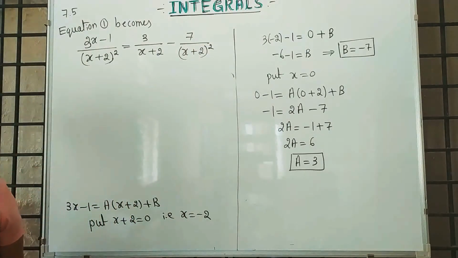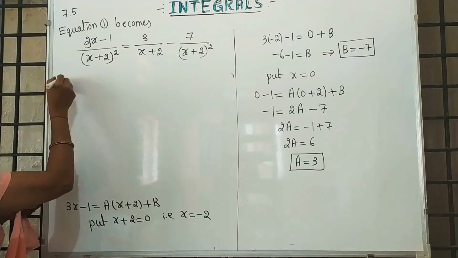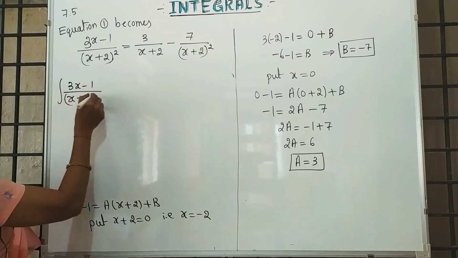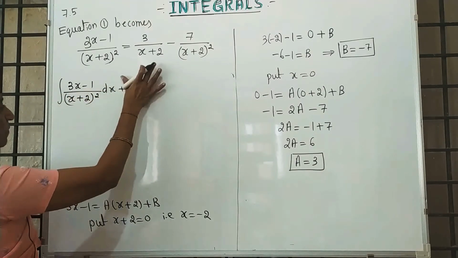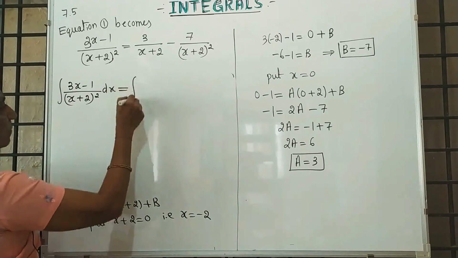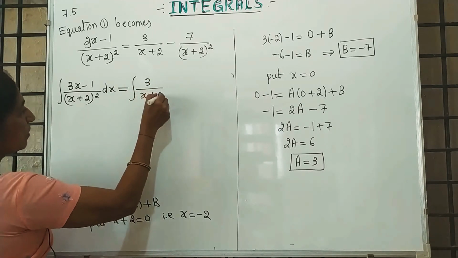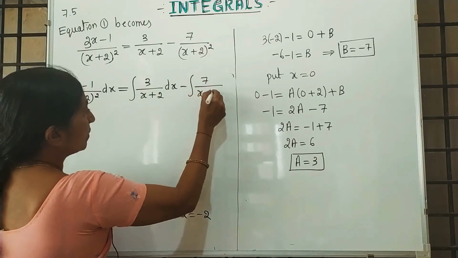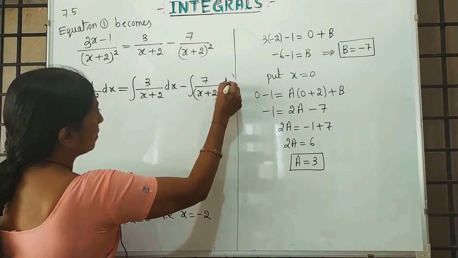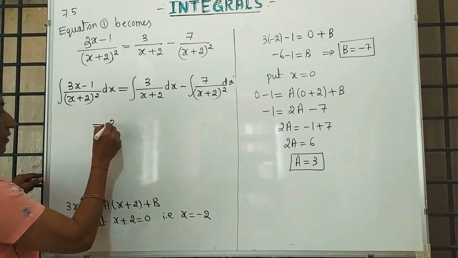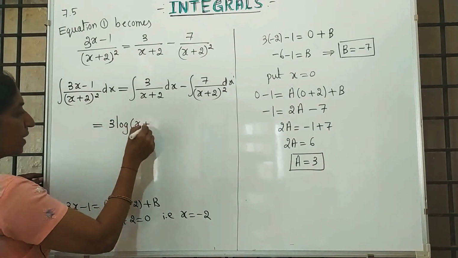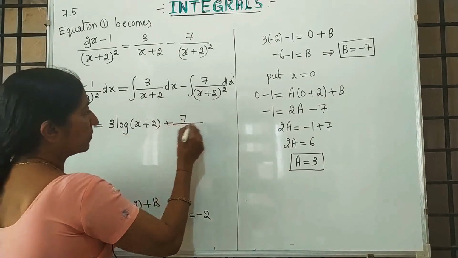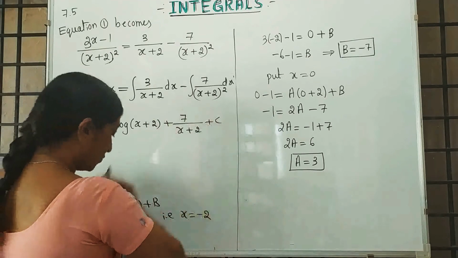Now integrate on both the sides with respect to x. Integral of 3 upon x plus 2 into dx minus 7 upon x plus 2 whole square into dx. This is 3 into log of x plus 2. Integration of 1 by x square is minus 1 by x. It becomes plus 7 upon x plus 2 plus c.